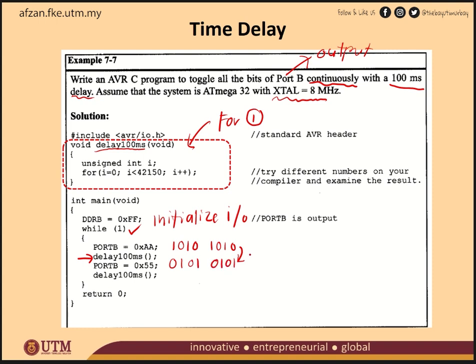So this is the toggle, where you change from 1 to 0 and 0 to 1, and then call another 100 millisecond delay and close curly bracket, and these things will be done continuously. So this is how you create a delay by using a for loop.